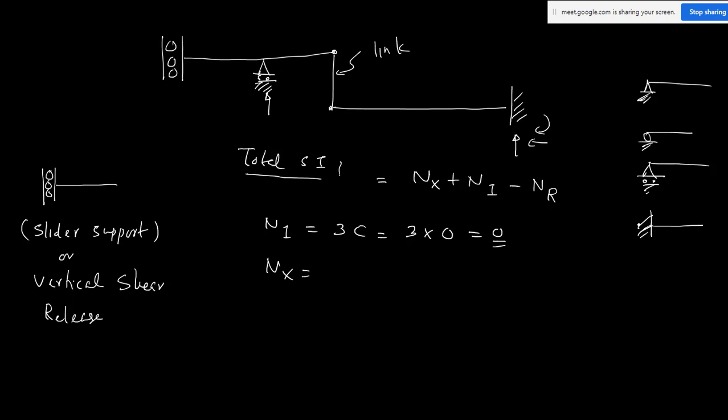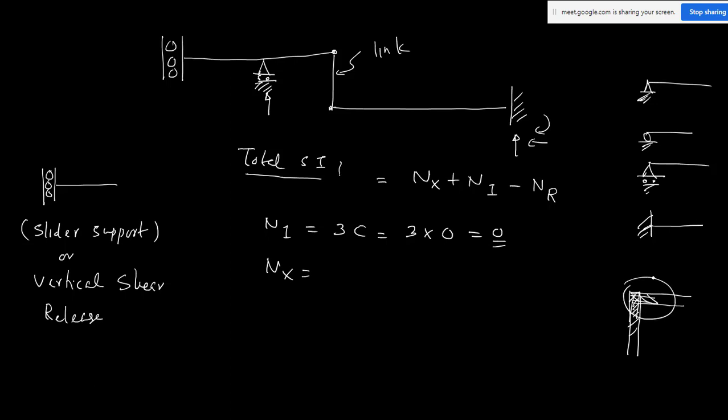Practically, the support is mostly a fixed support. If you have a building with a column and a beam, in real construction they cast the column and beam together, monolithic construction. That joint we can take as a fixed joint. There will be overlapping steel bars between the column and the beam.